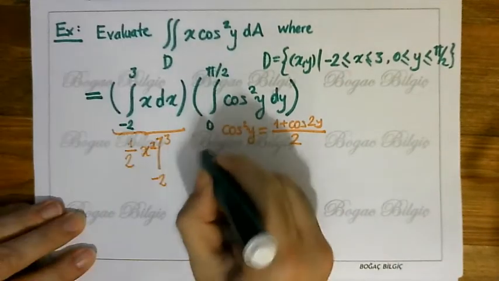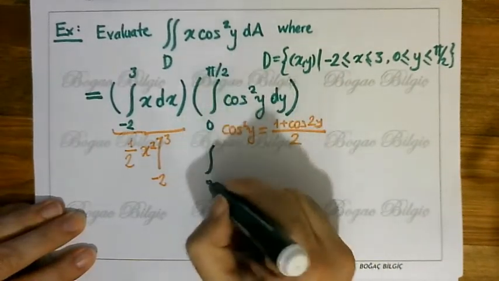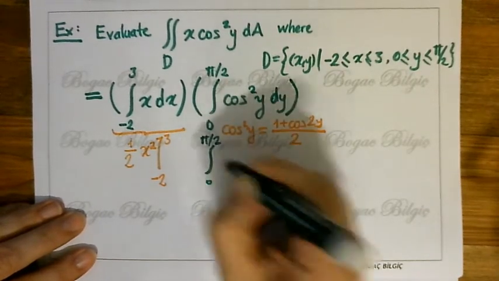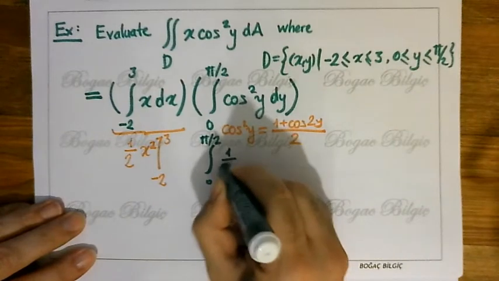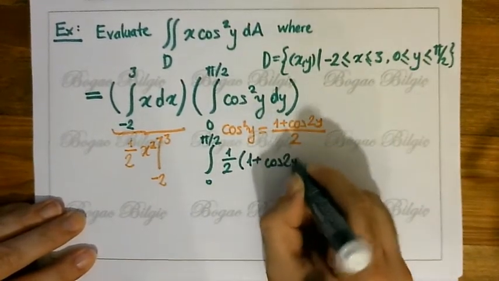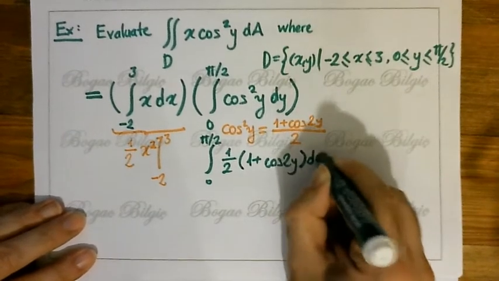So, from 0 to pi divided by 2, 1 divided by 2 times 1 plus cos 2y dy.